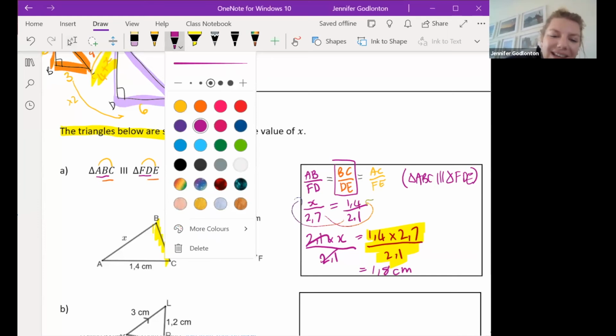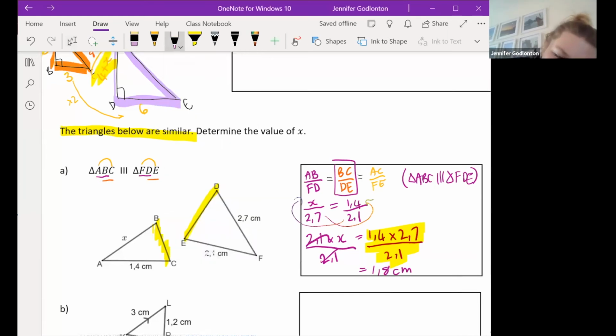The short way is, let's say I told you that this length over here was 2.8, and I said that this length over here was 10, for example.